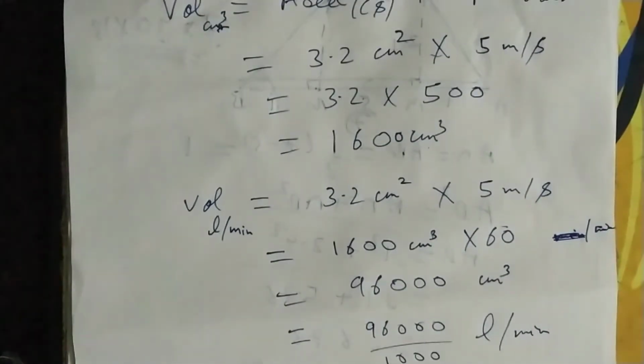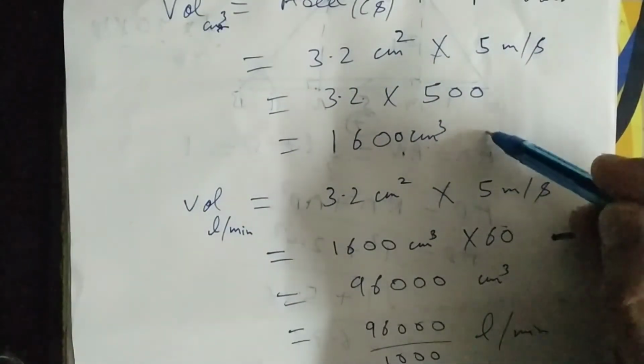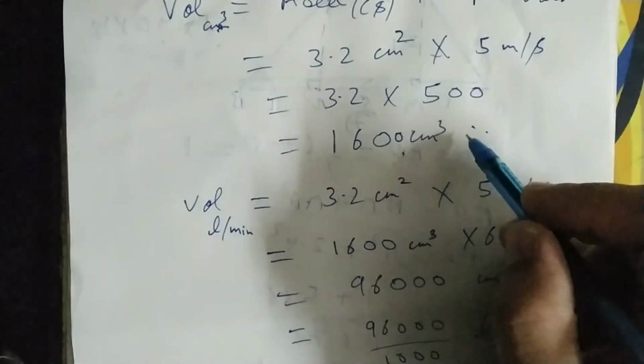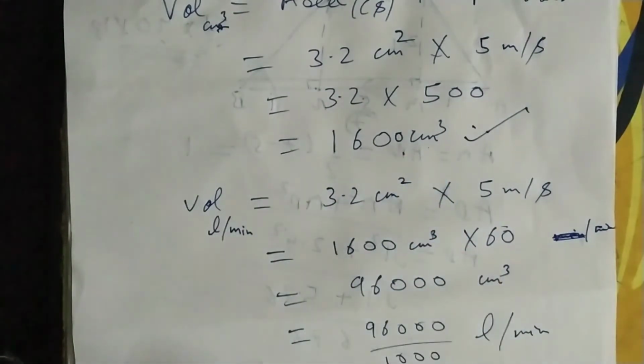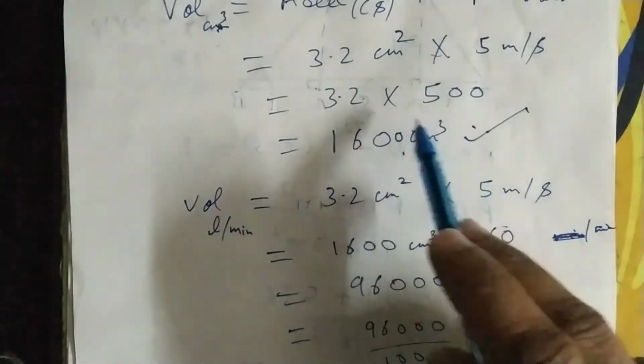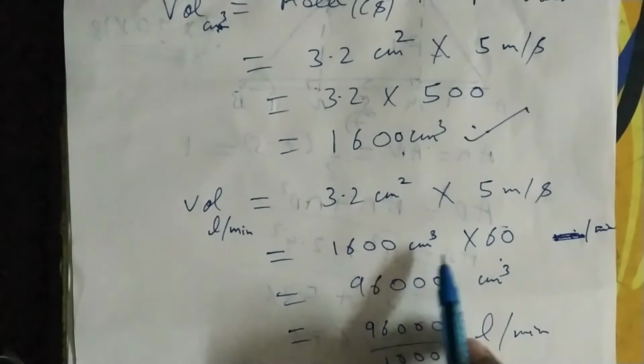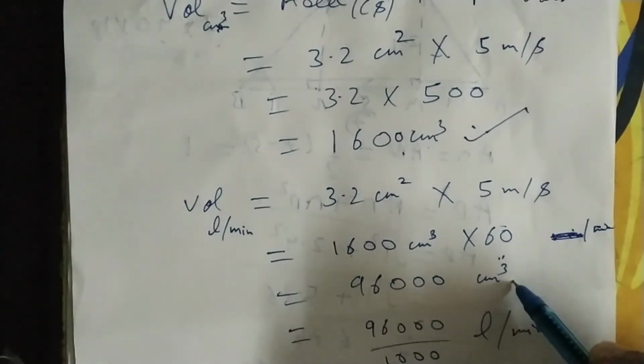So we have used just the first point, that in 1 second this is the volume transferred, then in 1 minute this volume must be multiplied by 60. So this is the volume transferred.